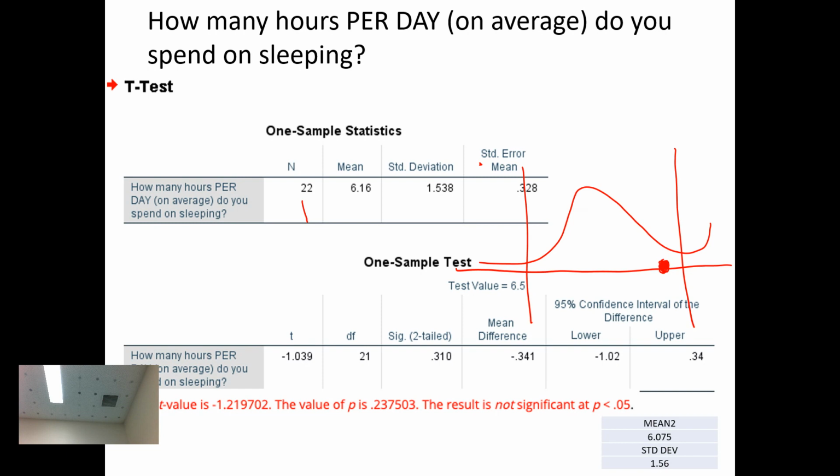That's basically what your sample, based on the responses in class, shows: the average mean. So the regions are separate. So we don't declare that our values are significant.